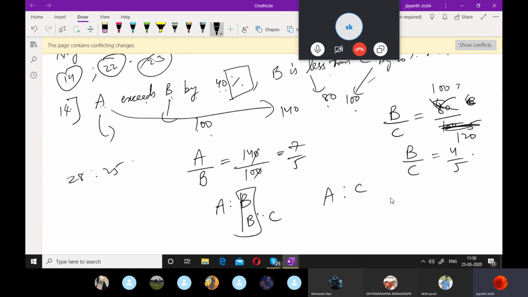Both of them should be the same. That is what we want to do. A is to B is 7 is to 5, and B is to C is 4 is to 5. If you multiply this with 5, no, it's not working.